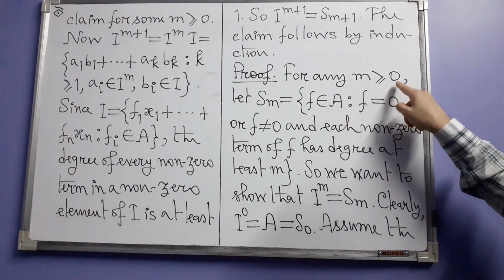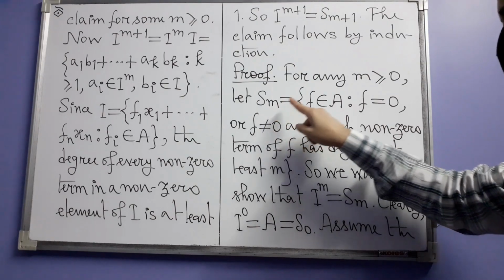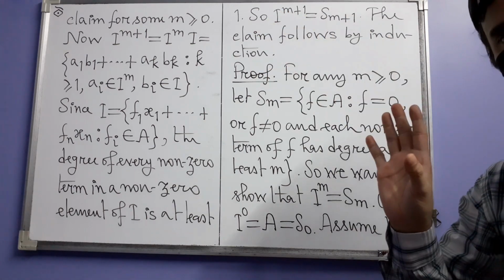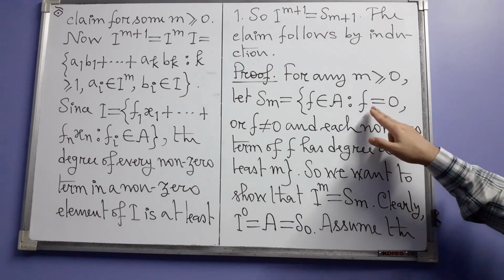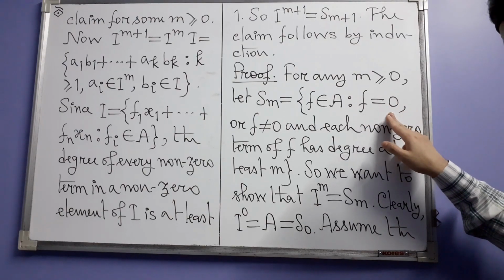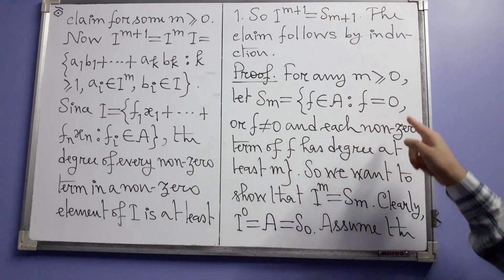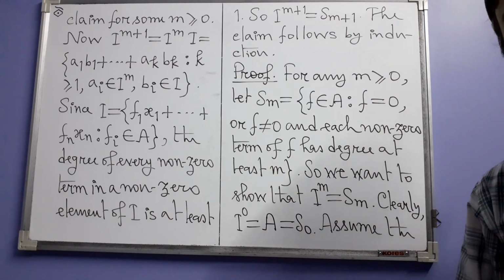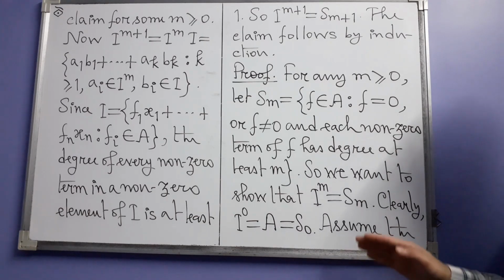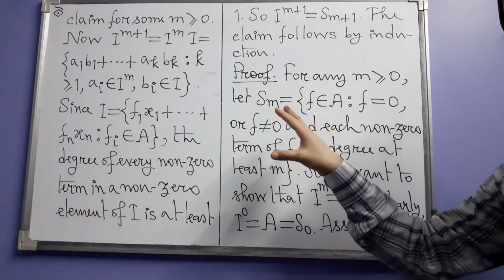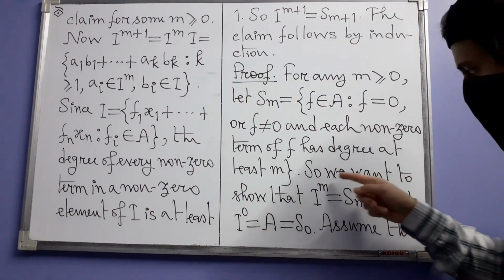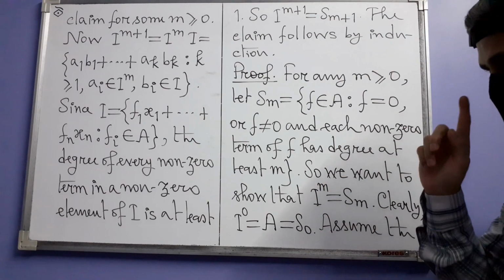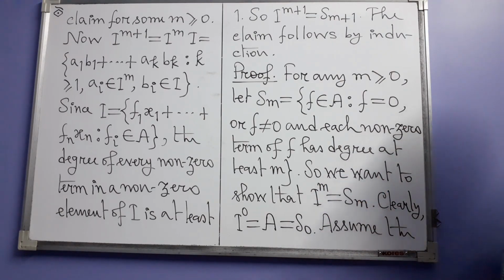So for any non-negative integer m, let Sm be the set of all polynomials f in A, where A means our original multivariate polynomial ring, such that either f is 0 or f is non-zero and each non-zero term of f has degree at least m. Okay. So with this set now, our claim translates into this statement. So we want to prove that the mth power of that ideal I is equal to Sm.